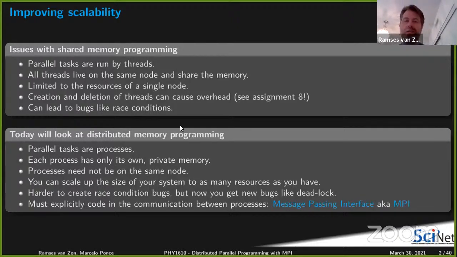What happens in those cases is that instead of having parallel tasks be threads within a program that are spawned through pragmas, each task is its own process. It's like running its own application. All of these applications will have to be started and are just running, and they each have their own memory, like processes do.